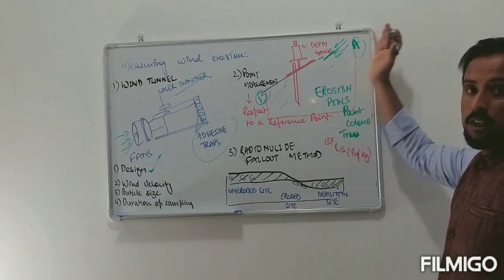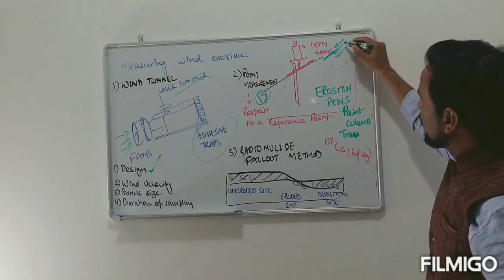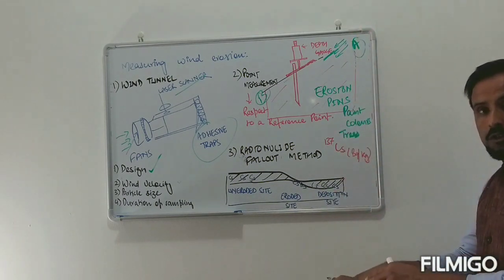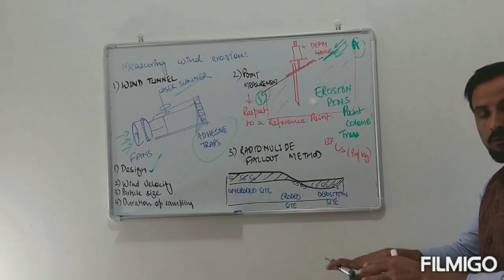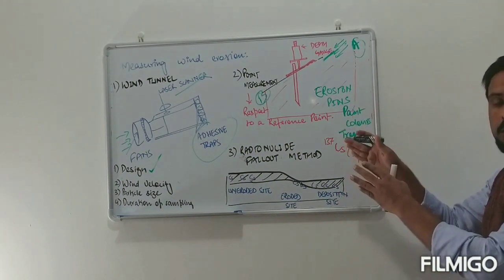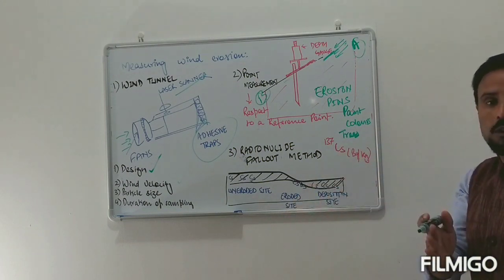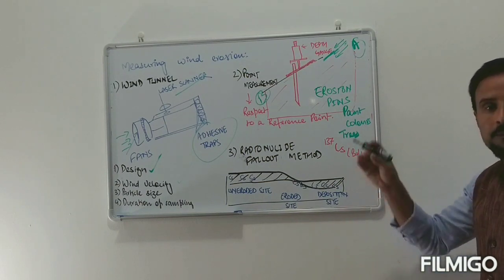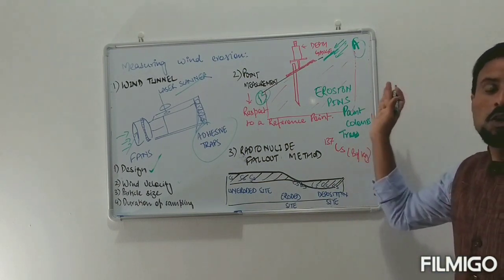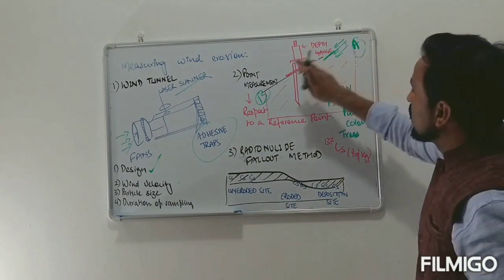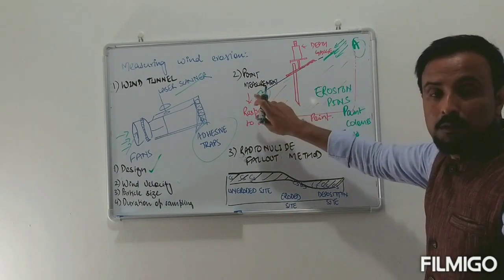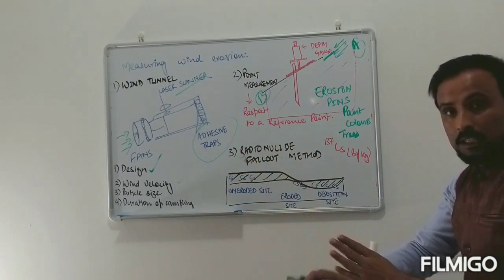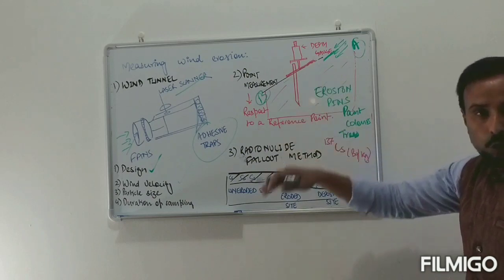When the soil moves, suppose from here, and there are certain plants which we have planted here, the bottom of the tree will show that some portion of soil has moved away. So we color the bottom of the tree so that we have an idea that a certain amount of soil is getting moved. In the same way, trees can be planted at side B where the deposition of these particles is occurring, and when the paint colors are there on the bottom, it will show aggregation of soil there also.